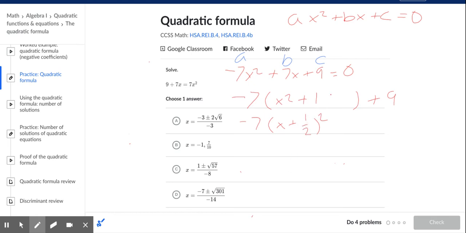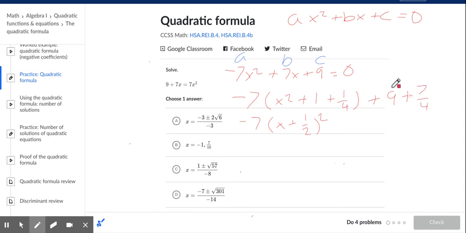And then I would get 1/4, which means I would add 7/4. We add because this is negative, so I subtracted 1/4 times 7. So negative 7 times 1/4 is negative 7/4. So I have a negative 7/4, so I have to add 7/4 here because I have to do the opposite of what I did. Whatever I did here, I have to do the opposite here.